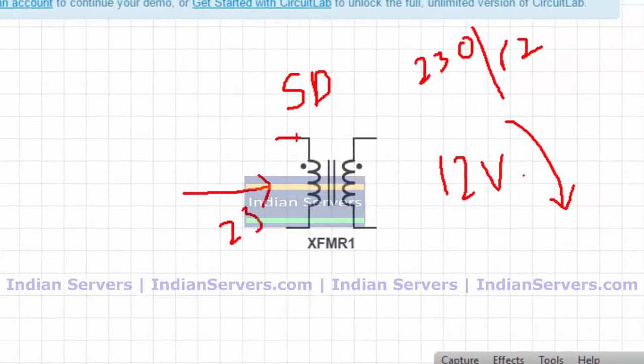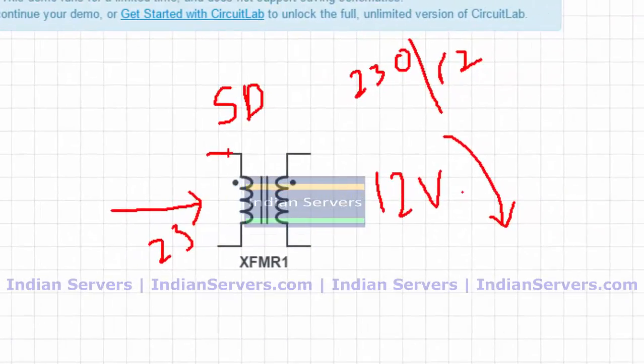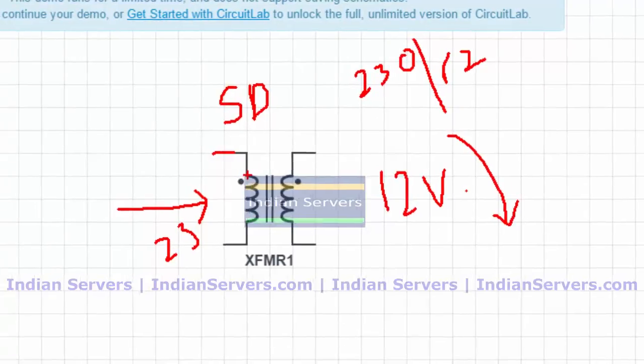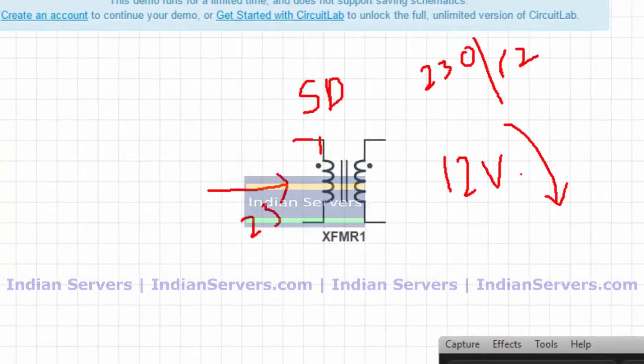If you observe the transformer, it will contain two coils of different sizes, meaning a different number of turns of copper. Each coil is made using a copper wire which is wound around an iron core. So when you take a transformer, it will contain two coils where one coil will have more turns and another coil will have fewer turns.